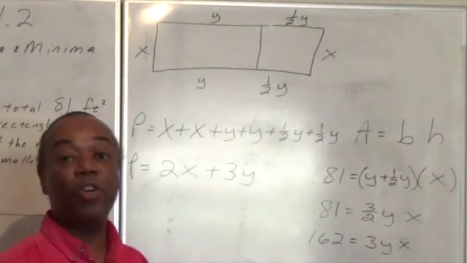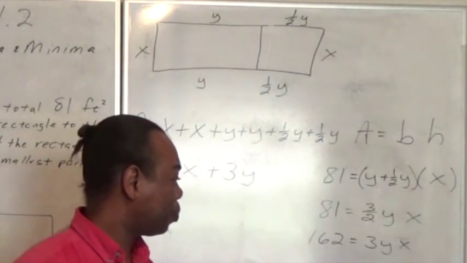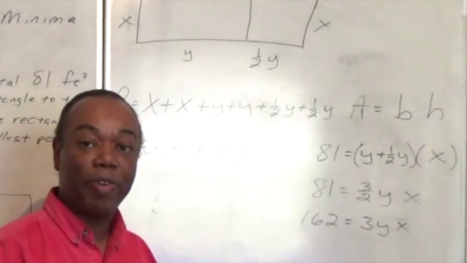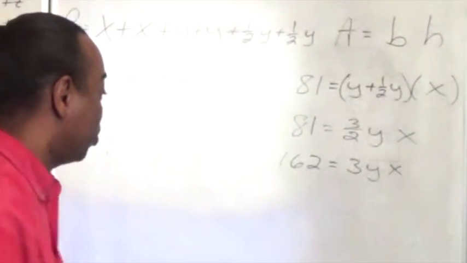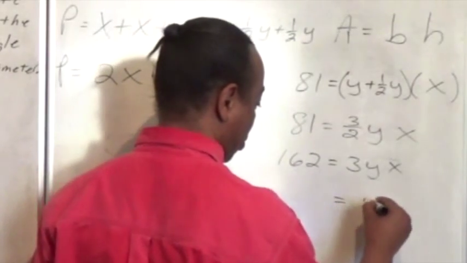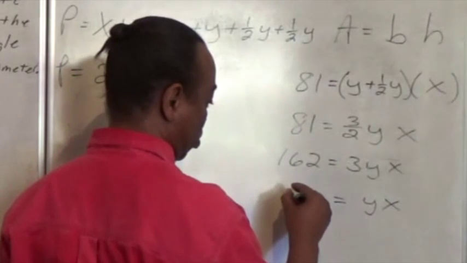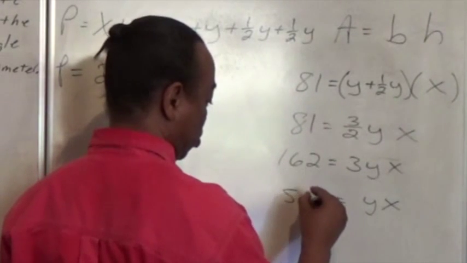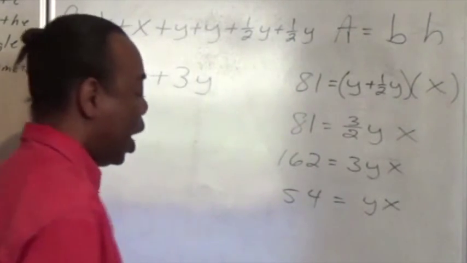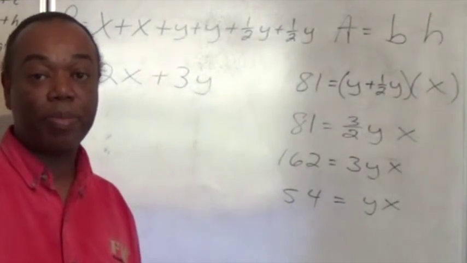This now gives me 162 equals 3 times Y times X. Furthermore, I'm going to divide everything by 3. I end up with 54 equals yx.